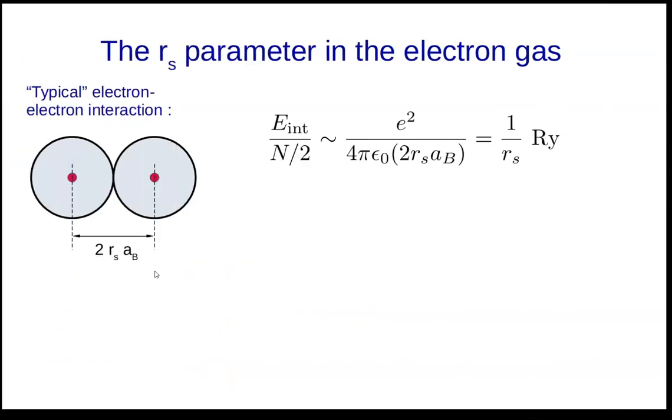So now let's take a look at the electron interactions, and let's try to get an estimate of the typical electron interaction strength in Rydbergs.